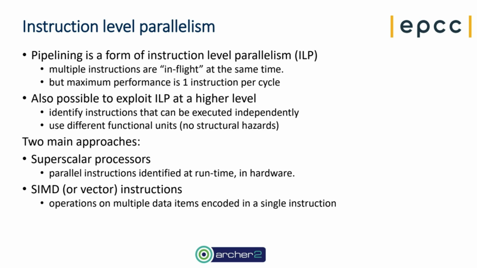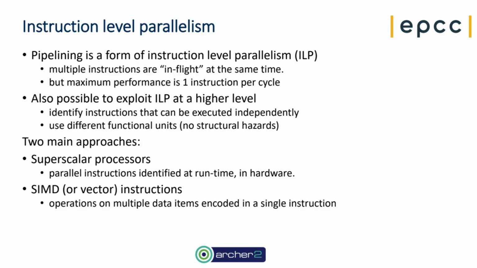Okay, so pipelining is the very lowest level of parallelism in the processor. So let's move up a level now and look at instruction level parallelism. You can think of pipelining as a low-level form of instruction level parallelism, in the sense that multiple instructions are in flight at the same time, but the maximum you get from pipelining is one instruction per cycle.